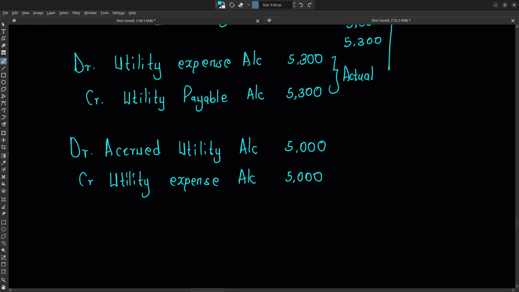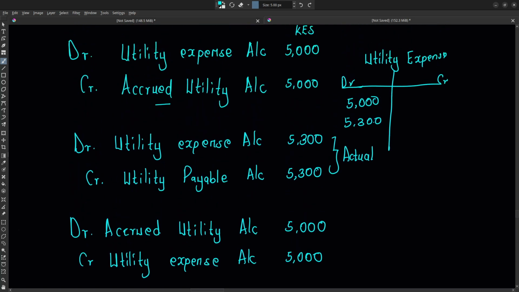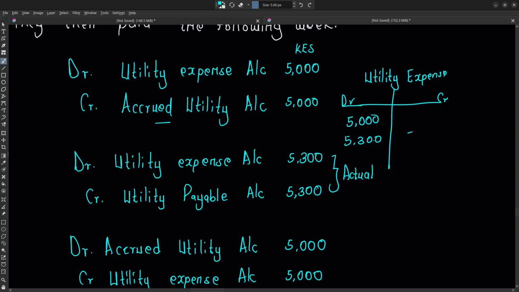Once we do that, if we put this in our T account, we are going to have a credit of 5,000, and here we are going to have 10,300.